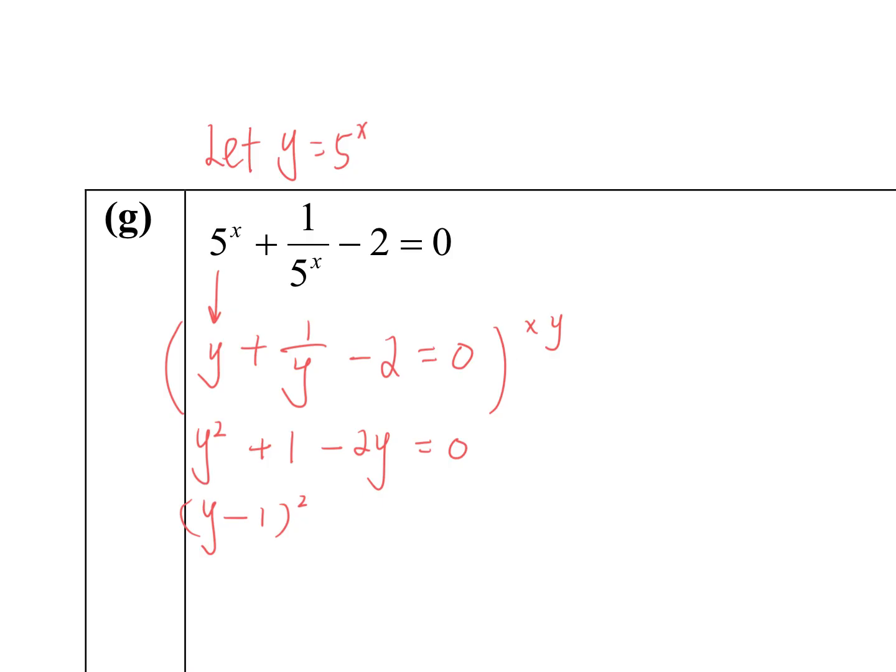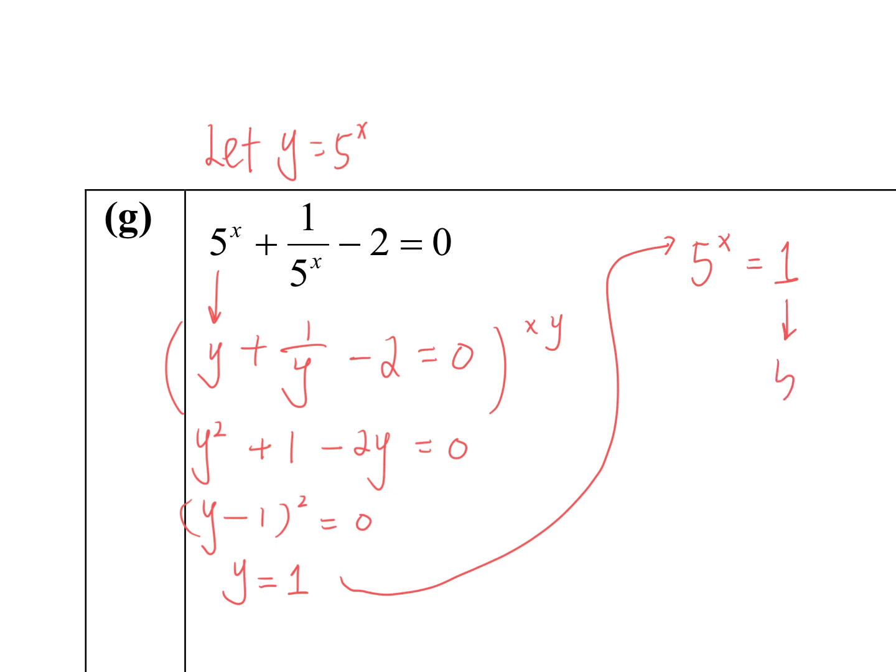Yeah, correct. So I factorize and it becomes like that. So when I solve it, it's a repeated root. So y is equals to 1. But I'm not solving for y. I need to put back my 5 to the power of x. So how can anything be 1? Power 0. If the power is 0. So I can also change this to 5 to the power 0. So x is just 0.